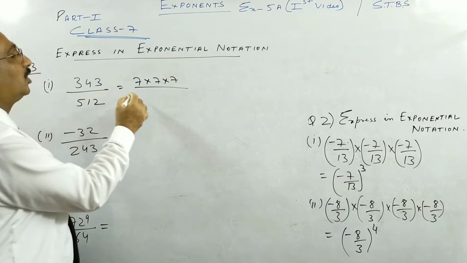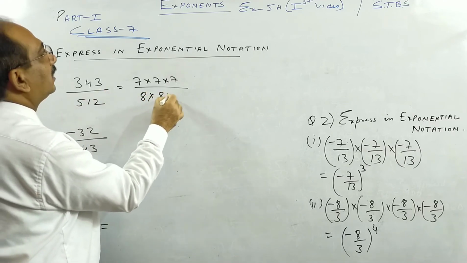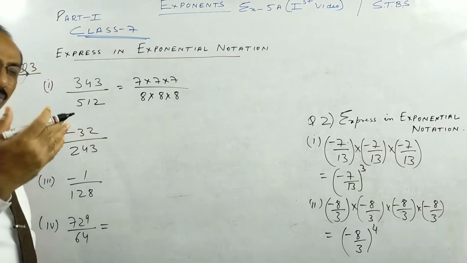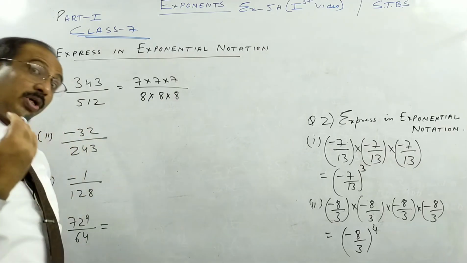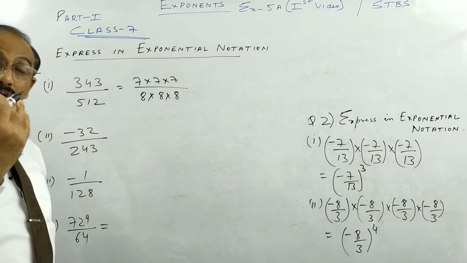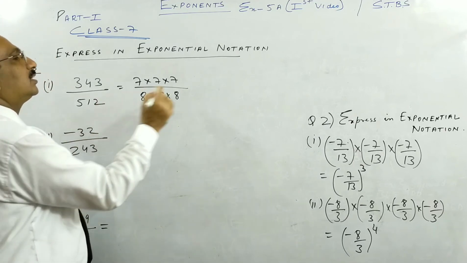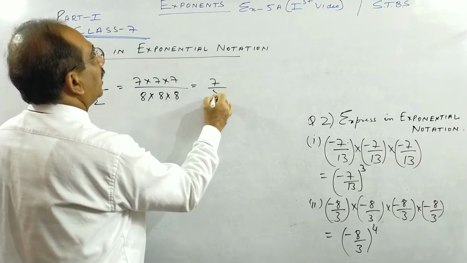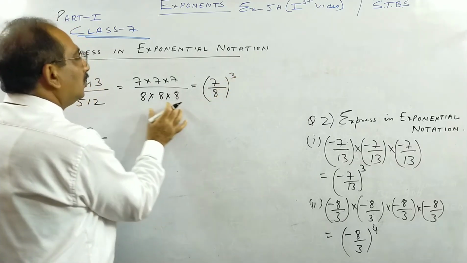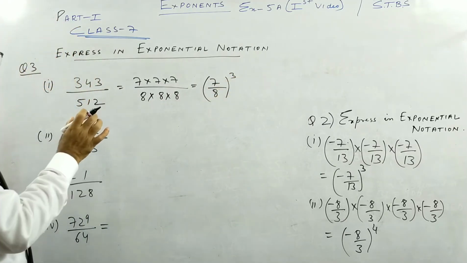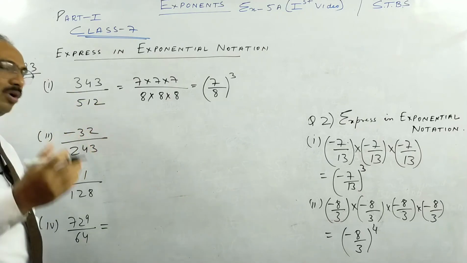So see here, 8 cubed you need. This is 8 into 8 into 8. So at least 1 to 10 you do cubed also, and up to 30 I said squared also. So until you know this, the answer is (7/8) cubed. If you don't know what this cube is, you will not be able to get the answer.